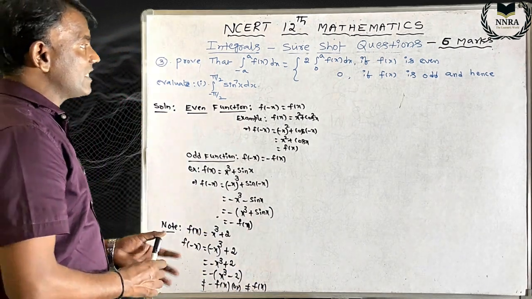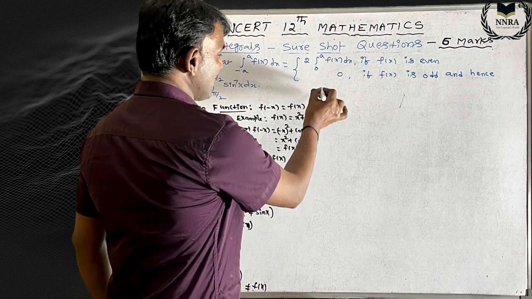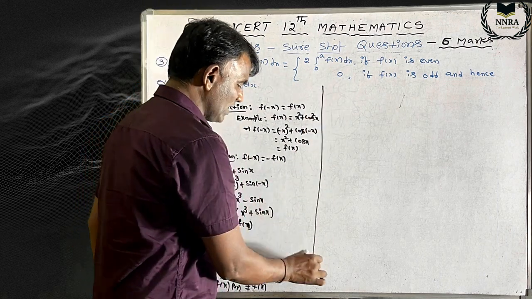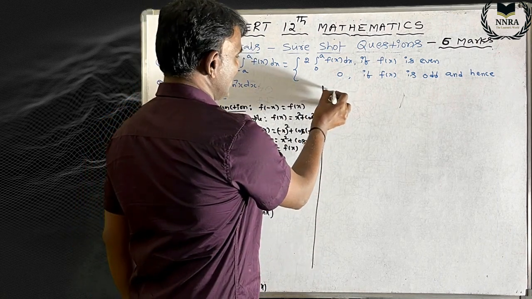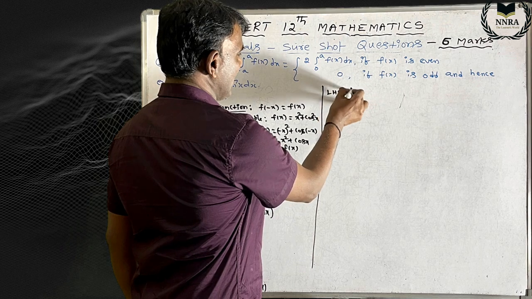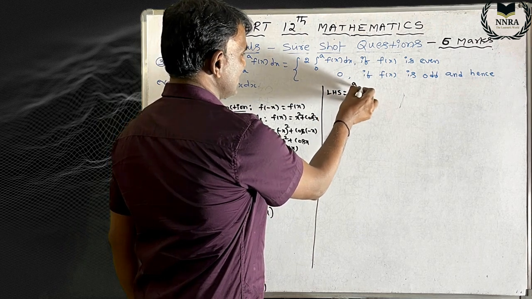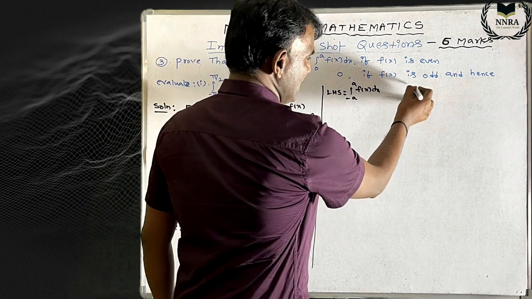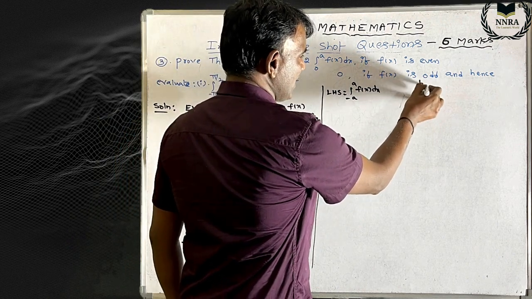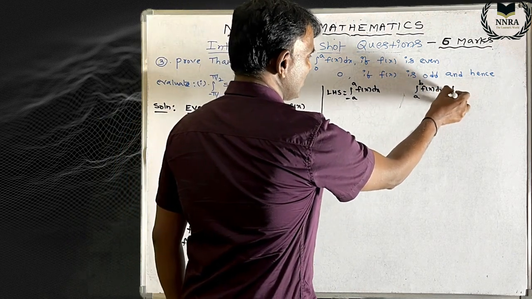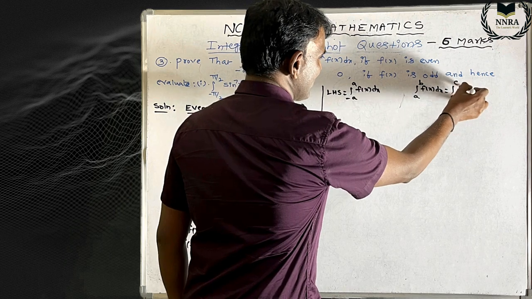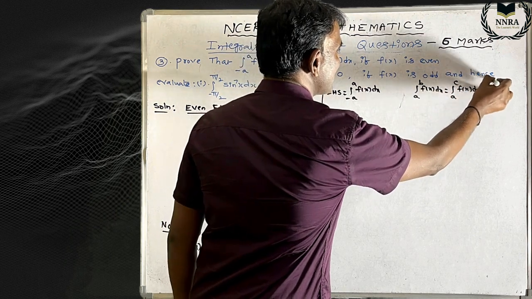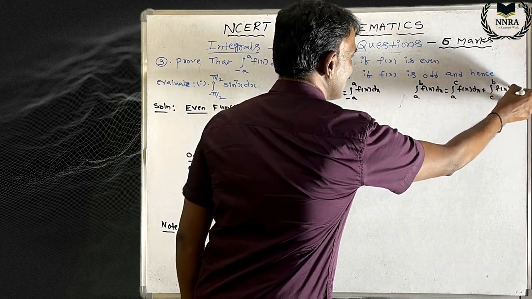And coming to this derivation, so what is the value here? I am writing here. Integral minus a to a of f of x dx. And we know that integral a to b of f of x dx equals integral a to c of f of x dx plus integral c to b of f of x dx.